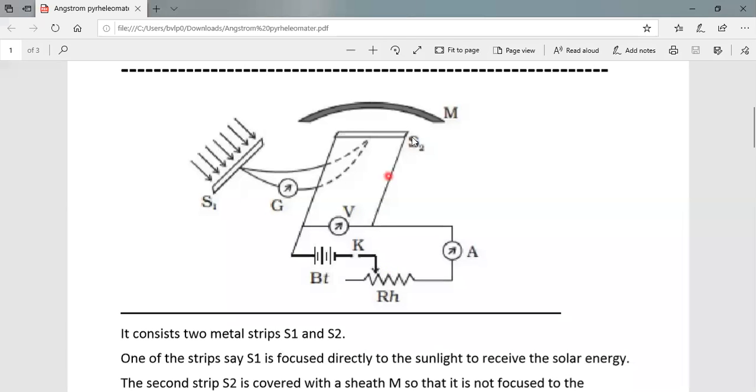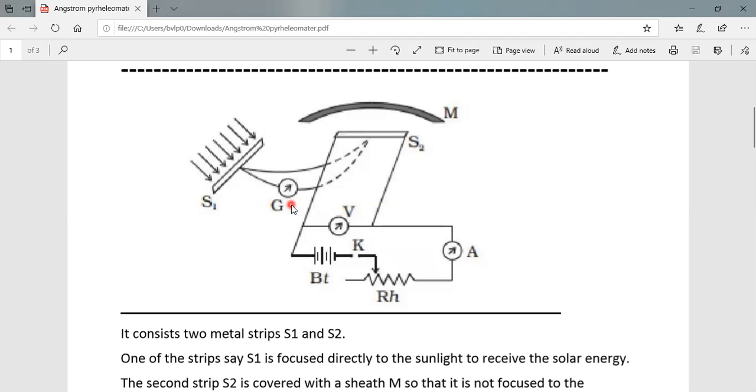This is the electric circuit with a battery, a rheostat, a key, and a voltmeter with an ammeter in series. It is connected to the strip S2 just to compensate the current flowing through the galvanometer.